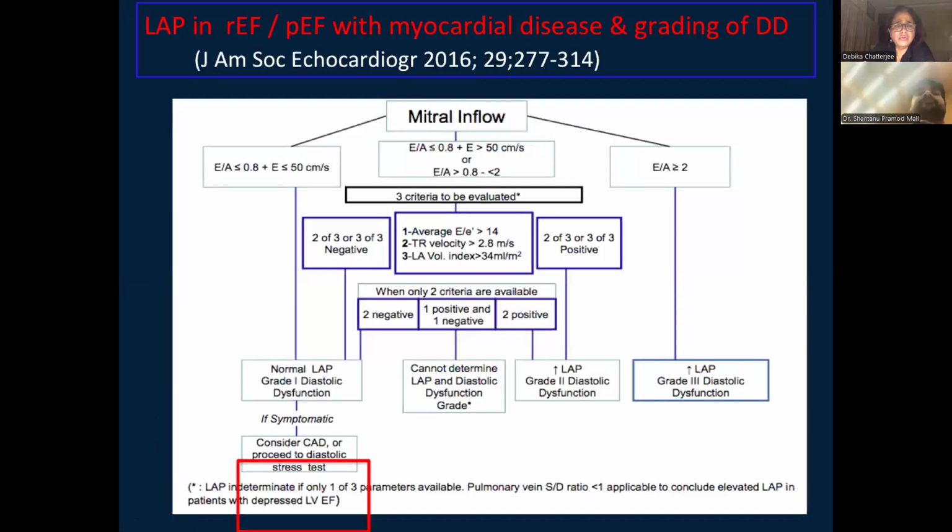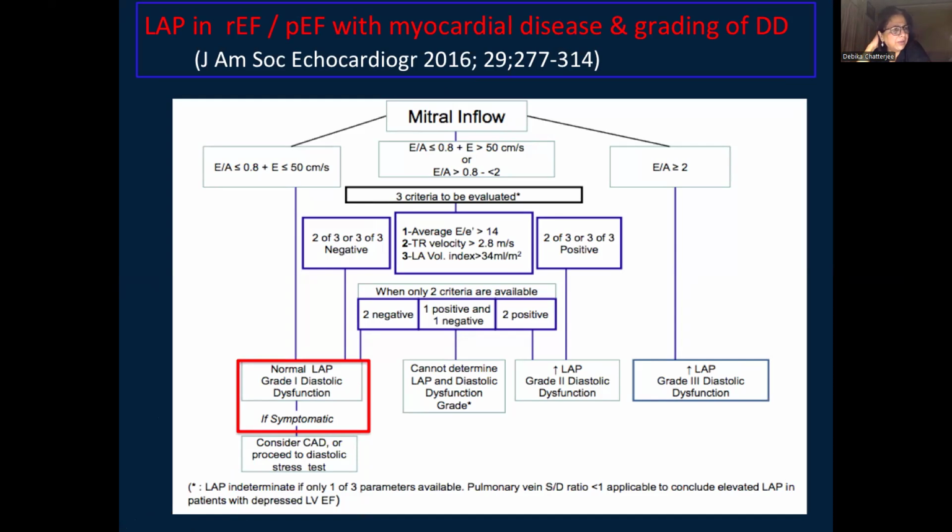Now, so long we were talking about the diastolic function assessment at rest.